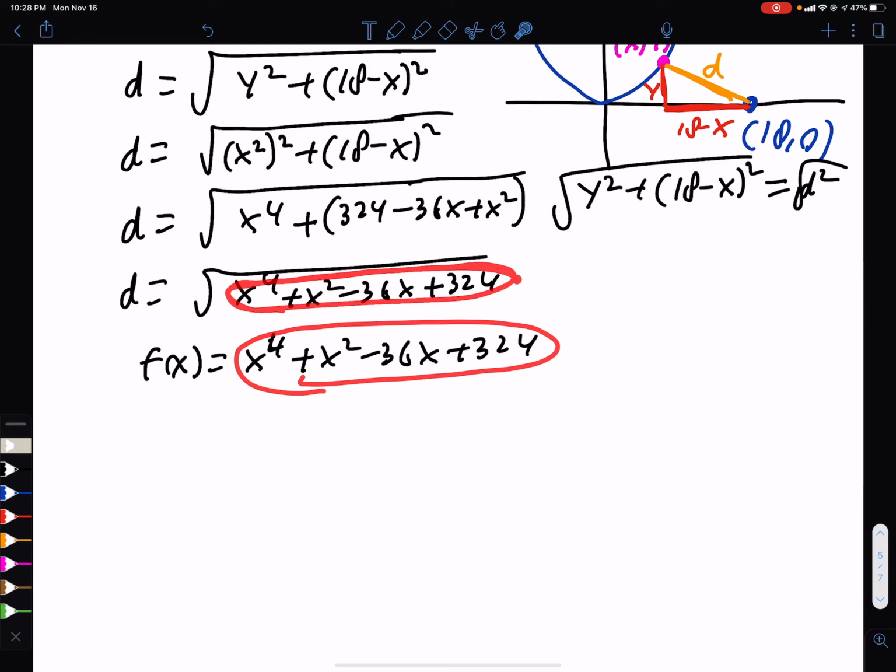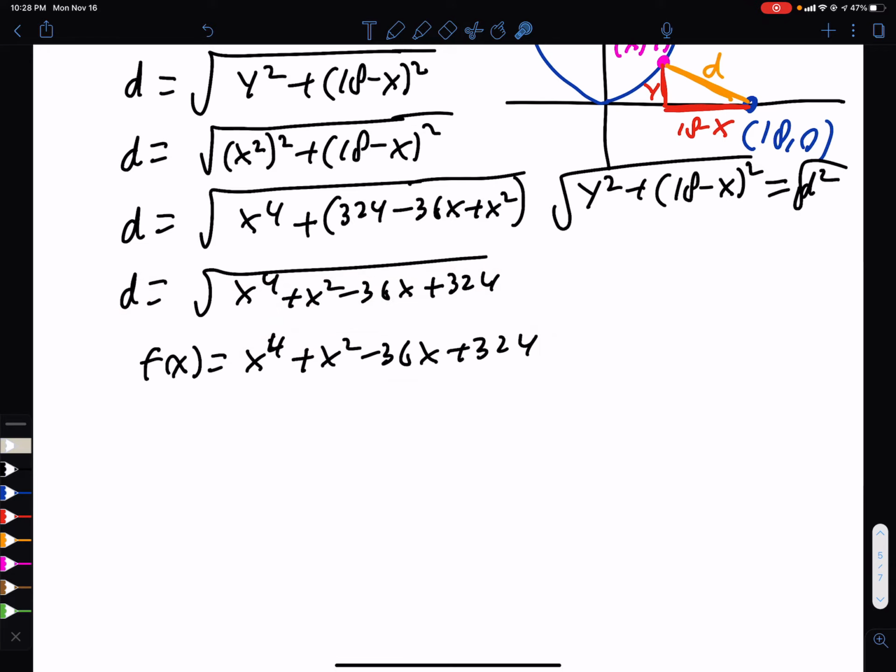Well, if I minimize this, I minimize the distance. So I don't have to minimize the square root of this. I just have to minimize the inside of it, and that will minimize the distance. So that's my logic. So I want to minimize f by finding the critical points. 4x cubed plus 2x minus 36.